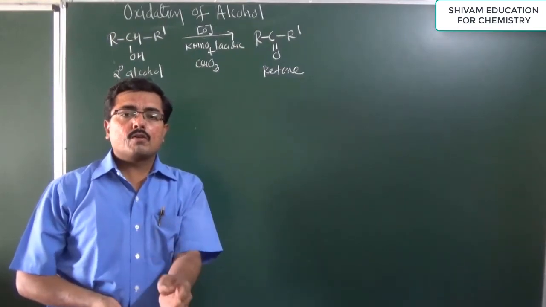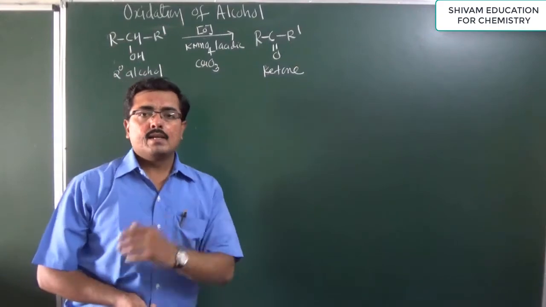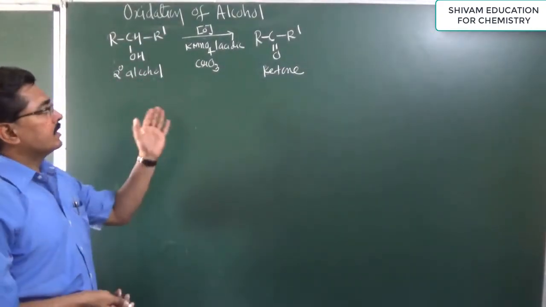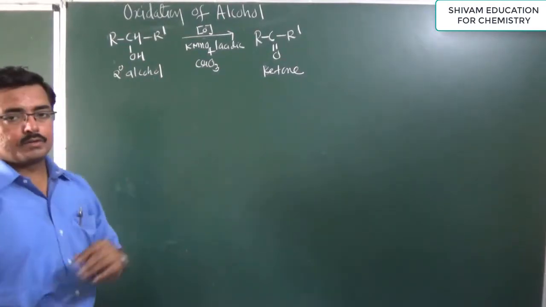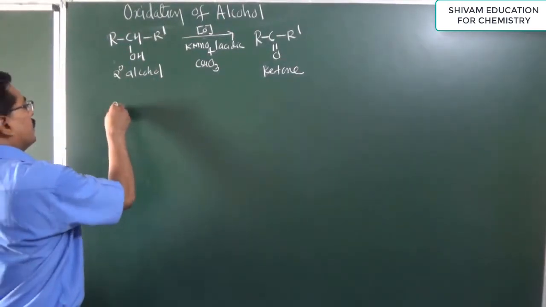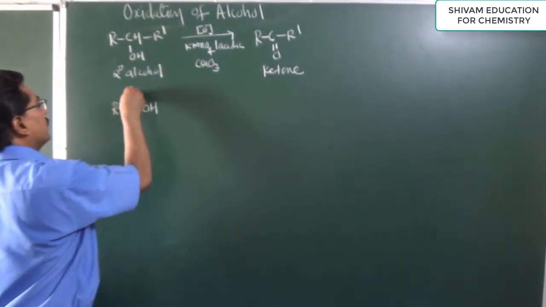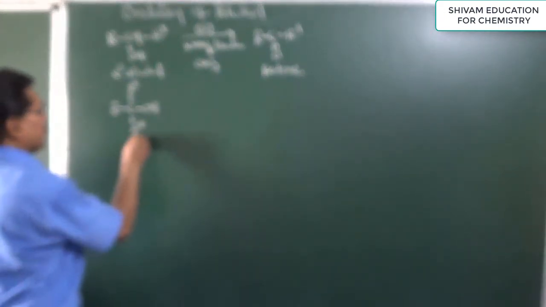Oxidation of a primary alcohol by using pyridinium chlorochromate gives an aldehyde. Oxidation of a secondary alcohol by using a strong oxidizing agent gives a ketone. Now suppose oxidation of a tertiary alcohol is done by using a strong oxidizing agent.